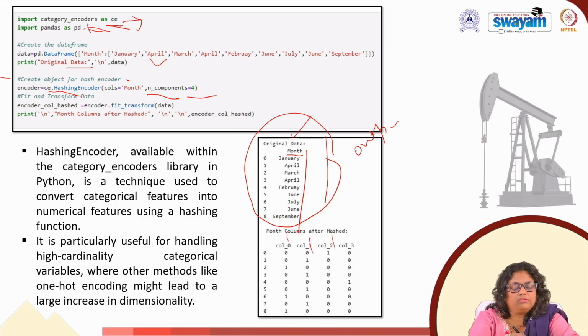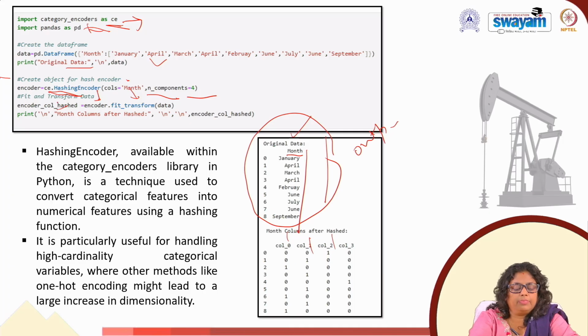Okay. So this again we will be fitting and transforming. So encoder underscore col dot hash, then what we did, the encoder which we just initialized dot fit_transform. We are fitting and transforming, checking the data, which is a categorical one, and then transforming as per this hashing encoder.